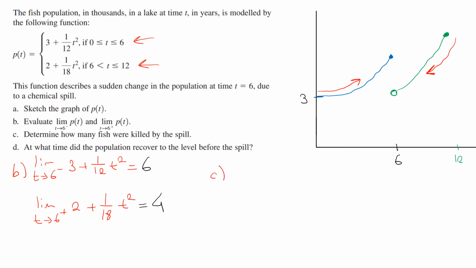For section C, it's asking us to determine how many fish were killed by the spill. So the limits we found in B represent the drop. What we found is the y value for these solutions approaching from the right and the left side. This solution specifically represents the left side, so it's 6. I can already say my y value over here is 6.